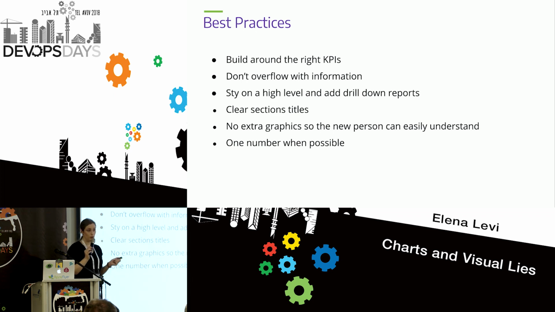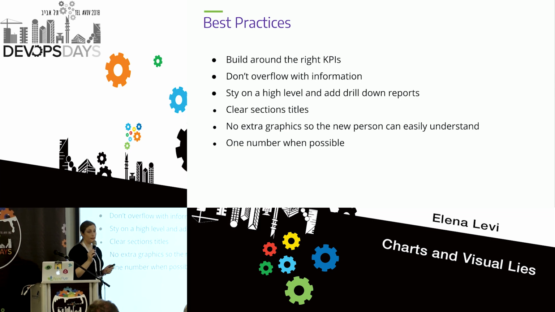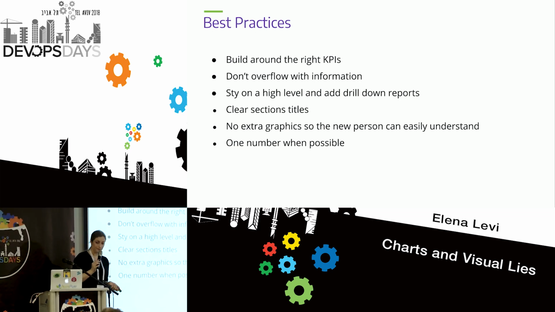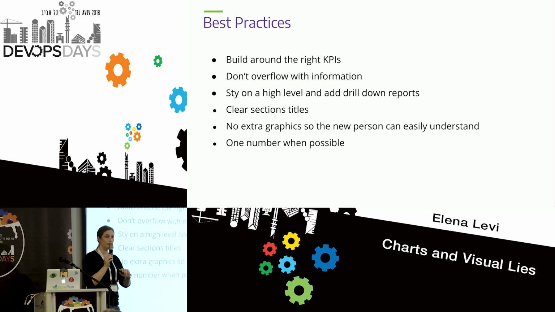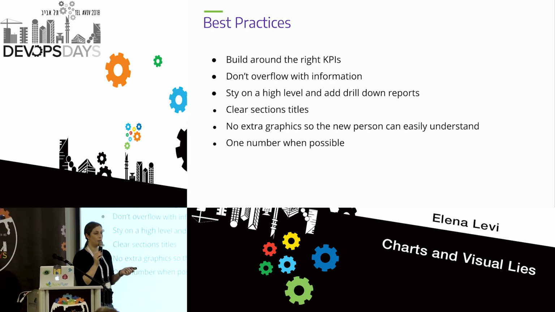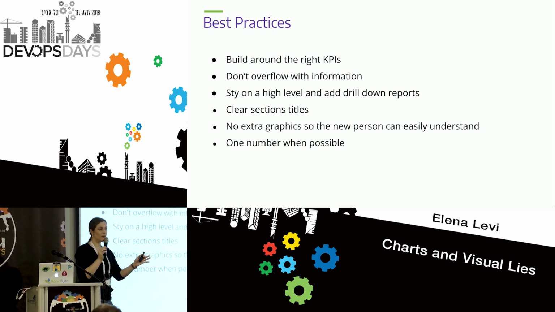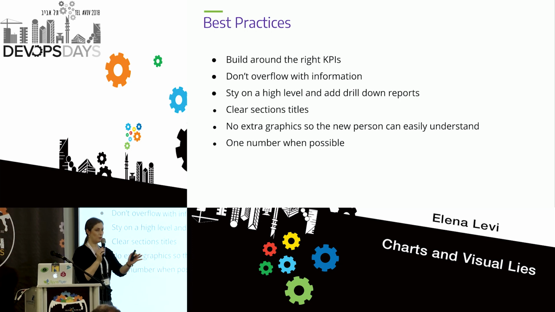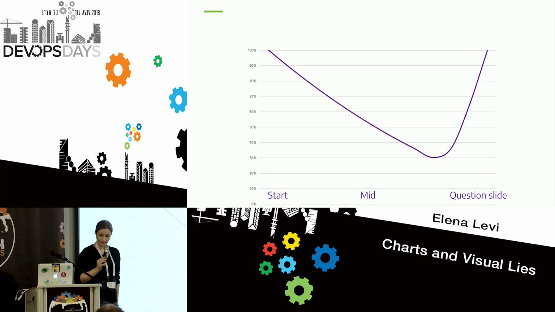Try not to overflow with information. Too much information is not readable. Stay on a high level and use drill downs when possible. Try to make clear section titles. You're showing 2 KPIs, great. Put a borderline, KPI 1, KPI 2, so it's more clear. And use one number when possible.